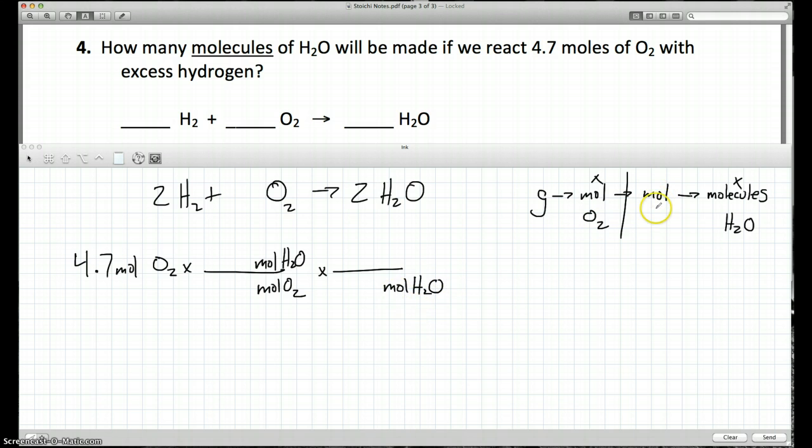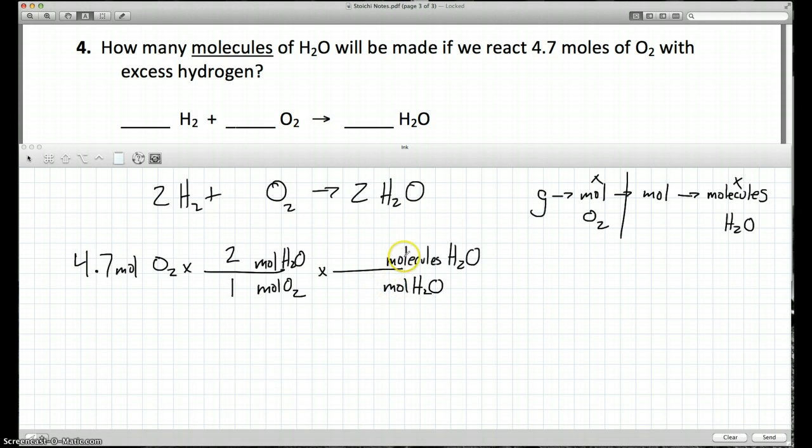So our moles of H2O, and then we can go to molecules of H2O. Now, just like before, moles over moles, we look at our balanced equation. Well, in front of H2O, there's a 2. In front of O2, well, there's no number. There's actually a 1 there. I'm going to put a 1 there.